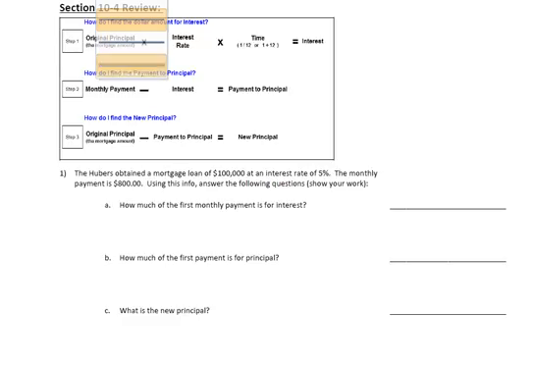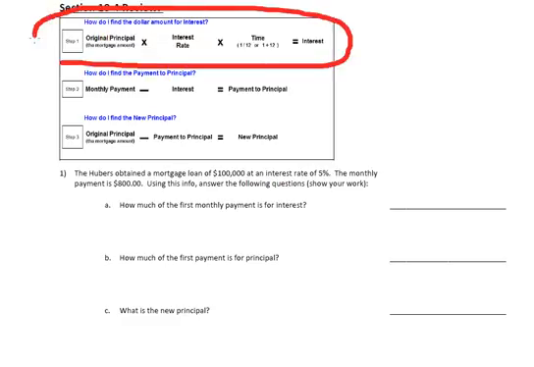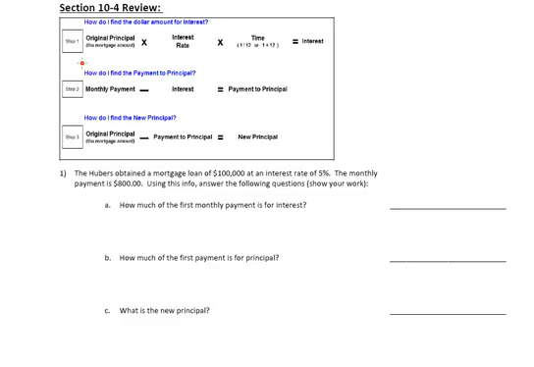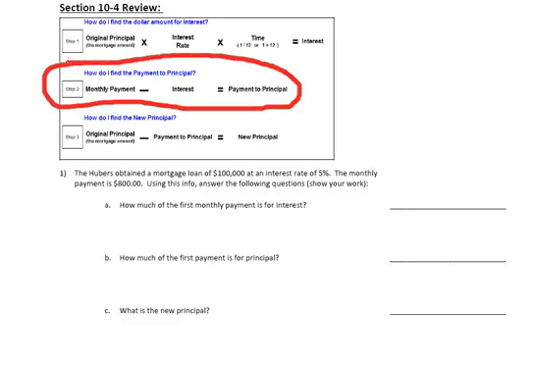The first formula is going to help us calculate the interest. In other words, how much money from your payment will be going to pay interest that month. So if you're going to make a payment this month, how much of it will be going to interest? The second formula, step 2, we'll be looking at how much money is actually going to pay the principal. When we're talking about the principal, we're not talking like the principal of a high school.